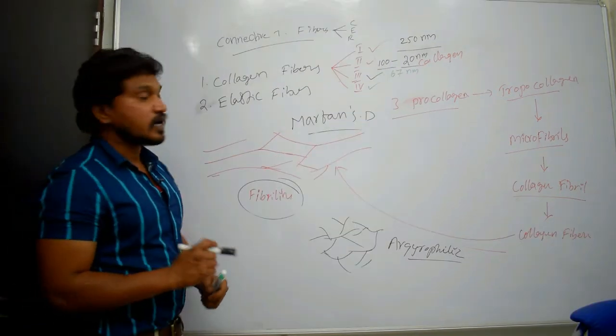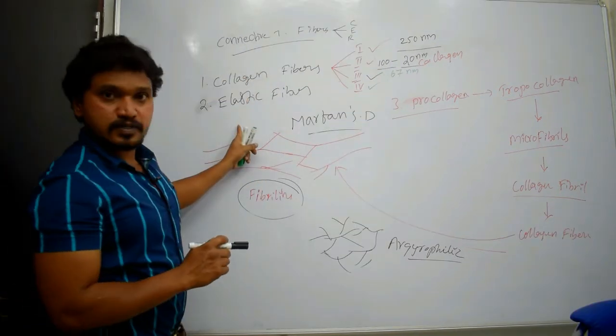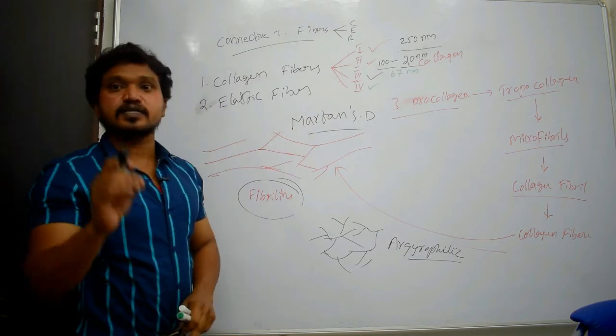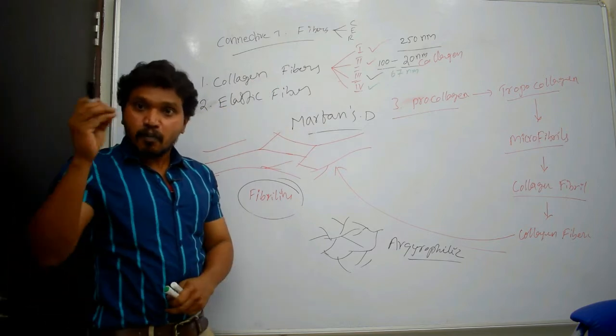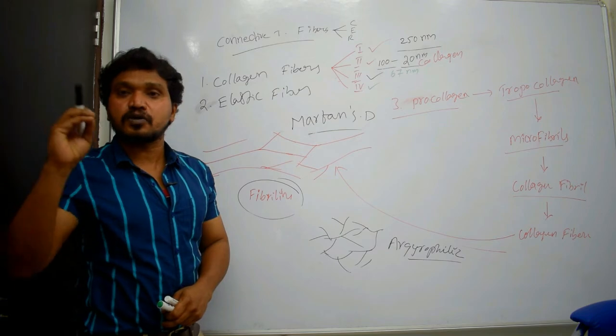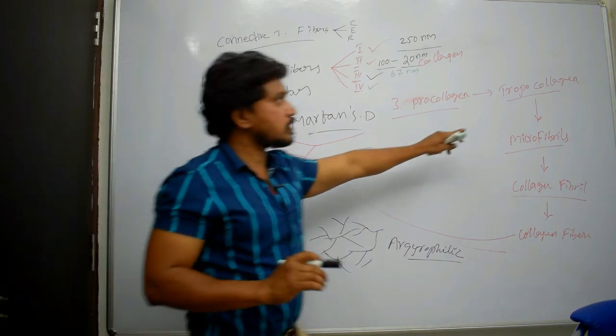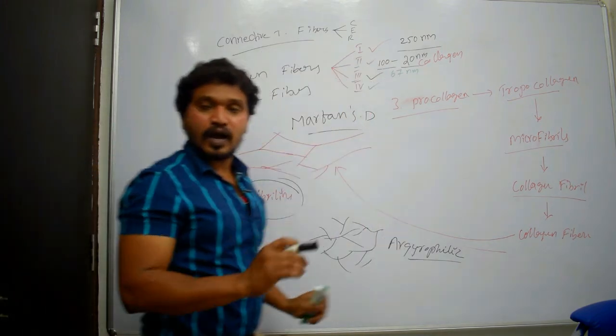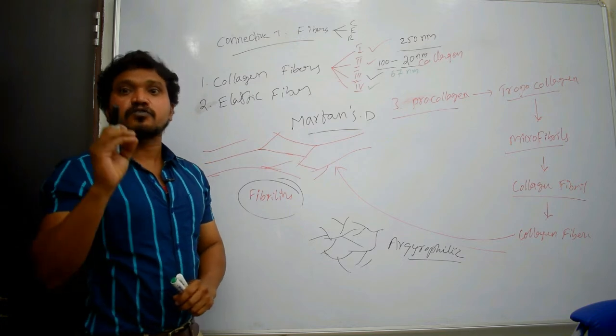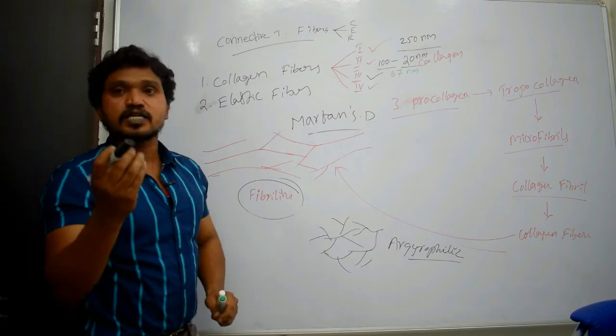If you observe the physical characteristics of these fibers, collagen fibers are inelastic and inextensible. If you boil them, they are converted into gelatin, which is nothing but tropocollagen. If you treat with weak acid, collagen fibers will swell.